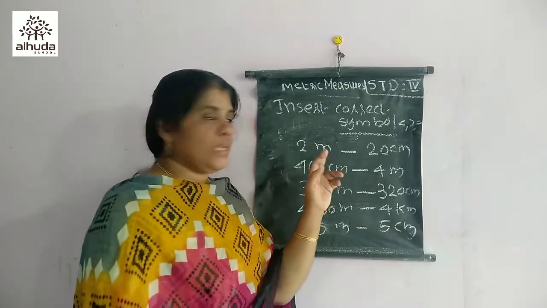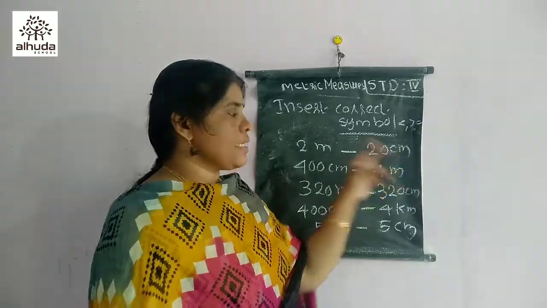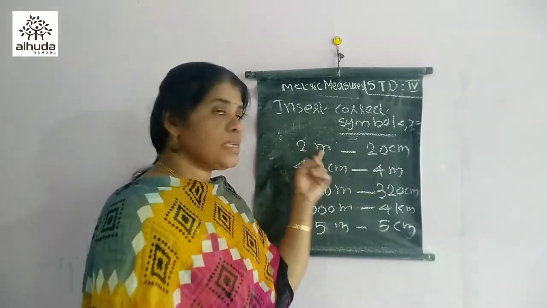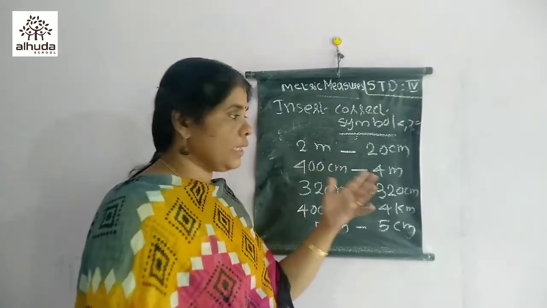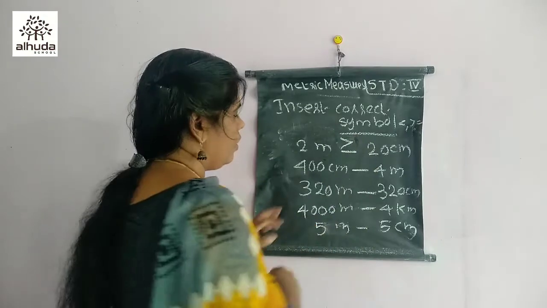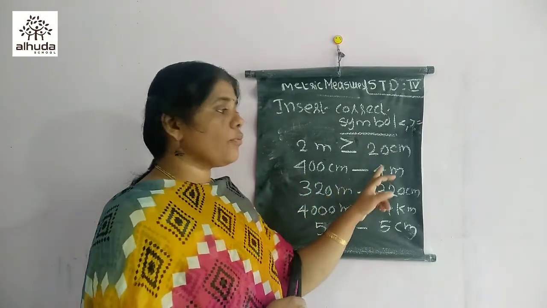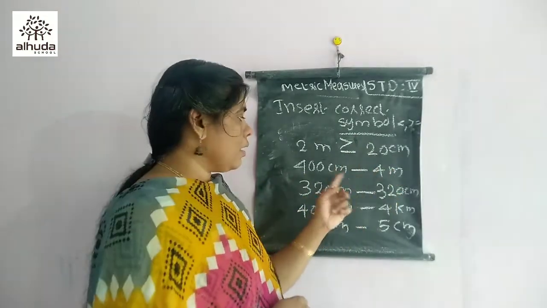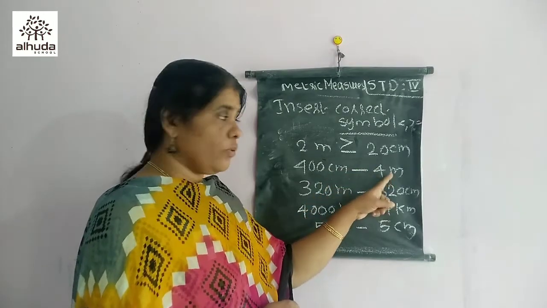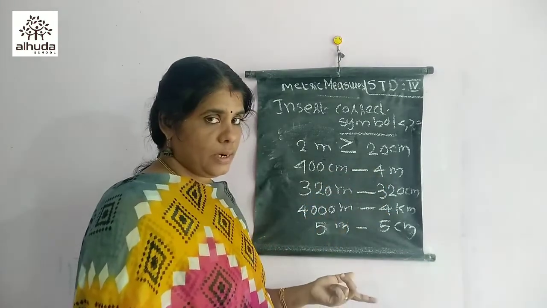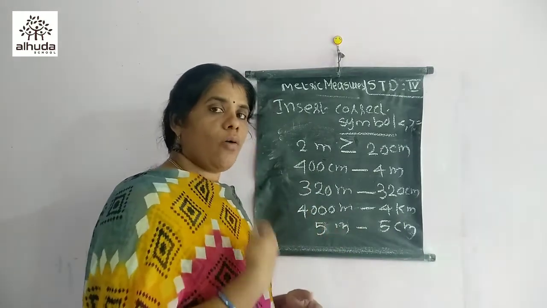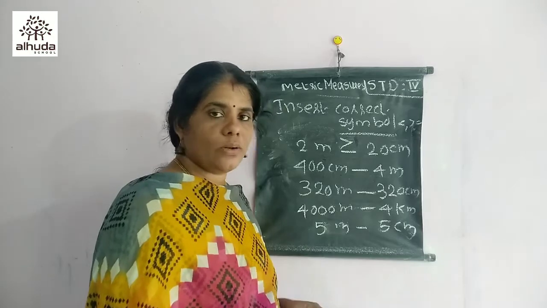Then here, 2 meter, 20 centimeter. Compare both. 2 meter is greater than 20 centimeter. So greater than. 400 centimeter, 4 meter. Compare this. 4 meter is how much centimeter? 4 meter is equal to 400 centimeter because 1 meter is equal to 100 centimeters.